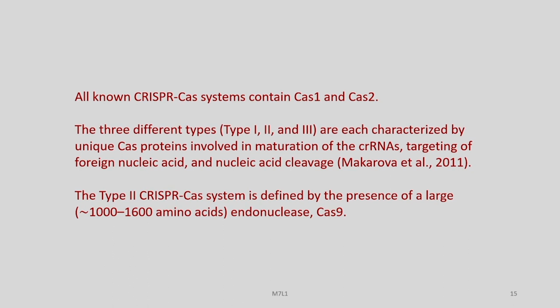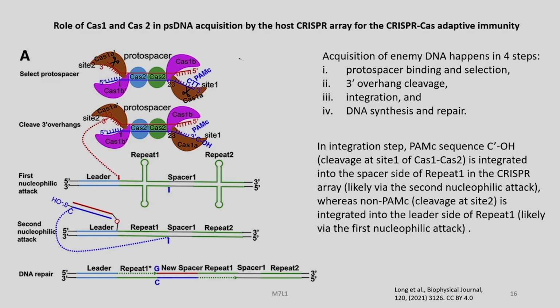The type 2 CRISPR-Cas system is defined by the presence of a large 1000 to 1600 amino acid endonuclease called Cas9. Let us look into the role of Cas1 and Cas2 in protospacer DNA acquisition by the host CRISPR array for the CRISPR-Cas adaptive immunity.